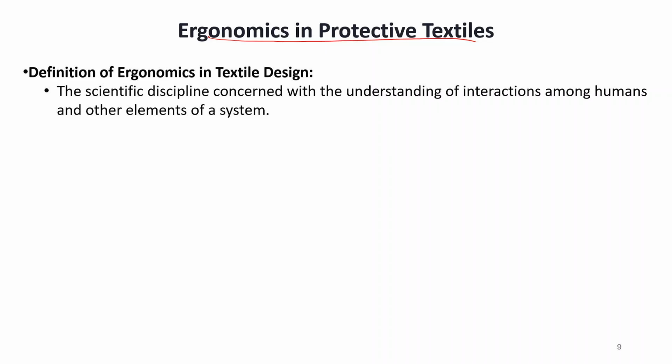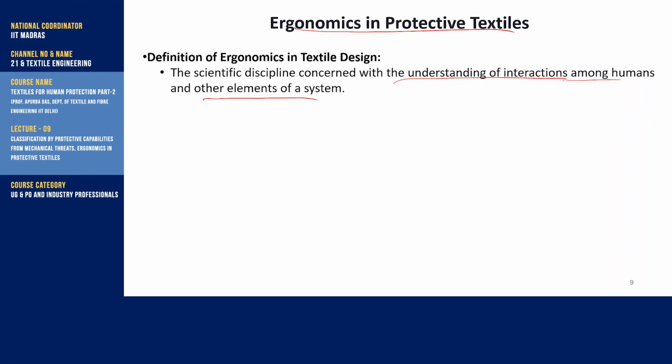Ergonomics is the scientific discipline concerned with understanding the interaction among humans and other elements of a system. Here, the other element is the protective textile, the personal protective equipment that we are using, and how our human body interacts with it, that is ergonomics.